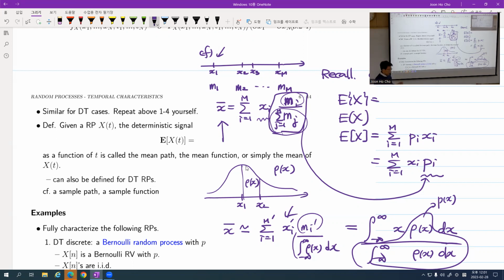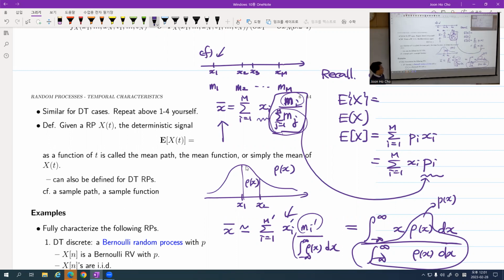So first thing, the concept of expectation was motivated by the center of mass in physics, okay? And whenever you compute it, remember that the expectation of some quantity equals what? A summation of that value times the normalized density or probability of that value.